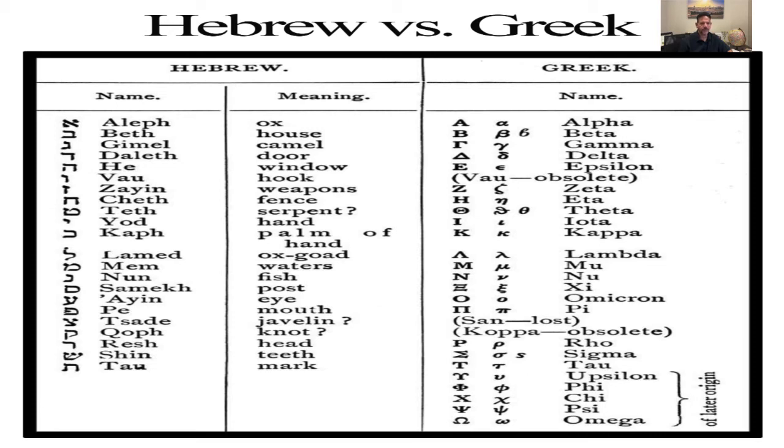The Gimel, you can see, is like Gamma, and Dalet like Delta, and He, which if you drop the H sound, the S sound, Epsilon, or Epsilon in modern Greek. Or there was even a letter like Vav, which is now obsolete in Greek, but spelled almost the same.